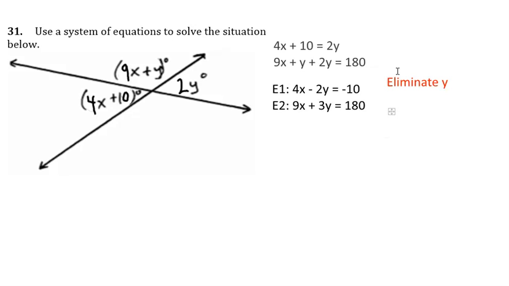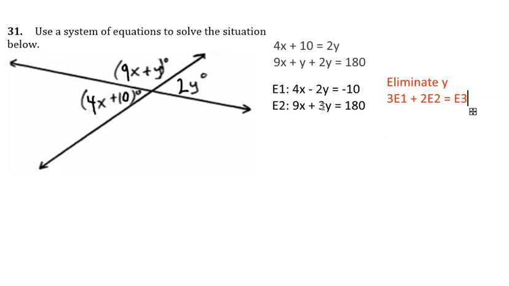To eliminate y, we'll have to multiply the first equation by 3 and then multiply the second equation by 2. And that will give you equation 3. Now, the reason why is because 3 times negative 2 is negative 6, and 3 times 2 is 6.